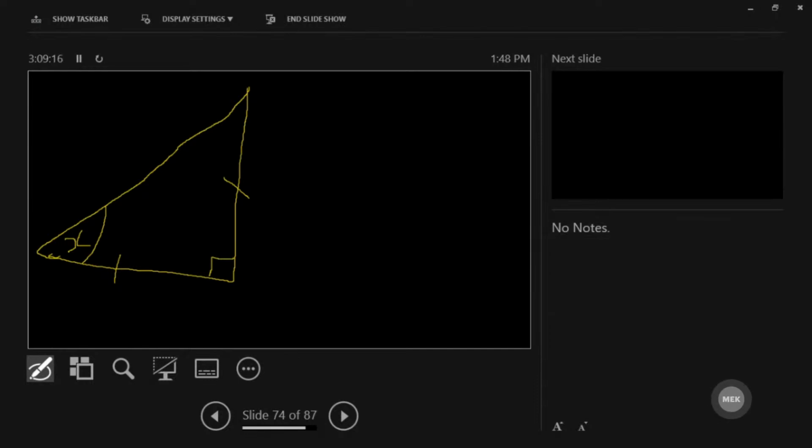But how do you know that the two angles that are missing are equal angles? There's something on the triangle there that's telling you that the two missing angles are equal. What is it? There's a clue there. What's the clue?